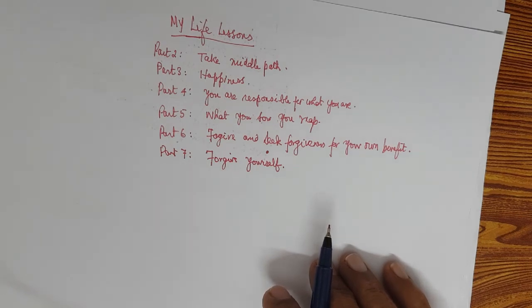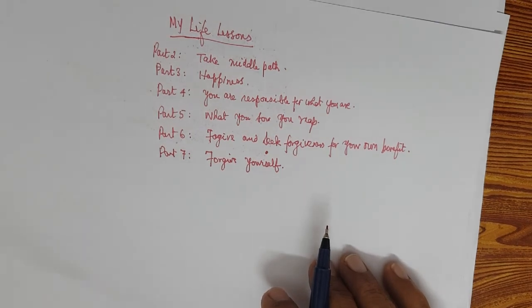In the last part, part 6, we said that you should forgive people who have hurt you and seek forgiveness from people whom you have hurt. In this part 7, you have to forgive yourself. Forget the past and forgive the past, because that has no meaning.